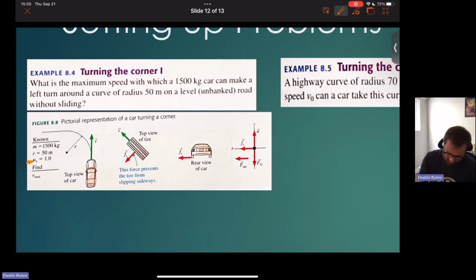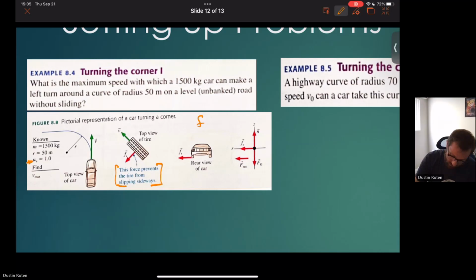We've got a little note here. It just says essentially the static friction. So the tire doesn't want to just take off out of the curve. It's got some sort of static frictional force holding it in. And that's what's causing the circular motion.